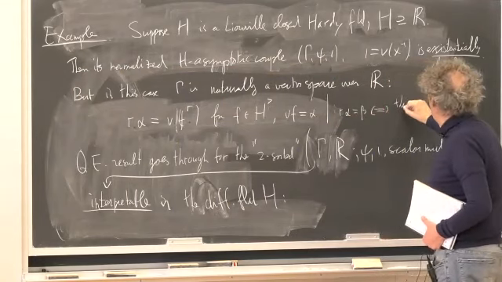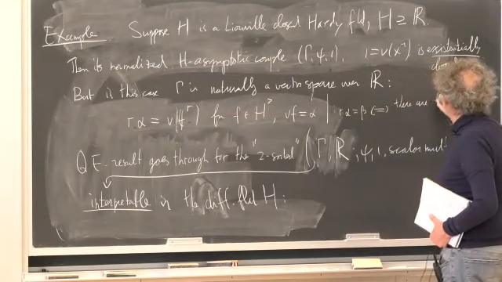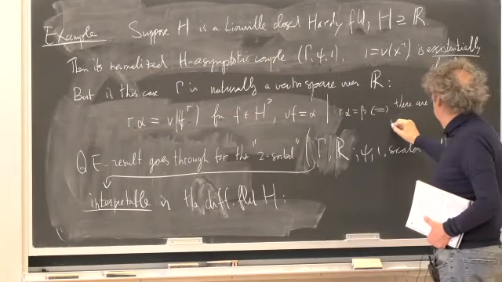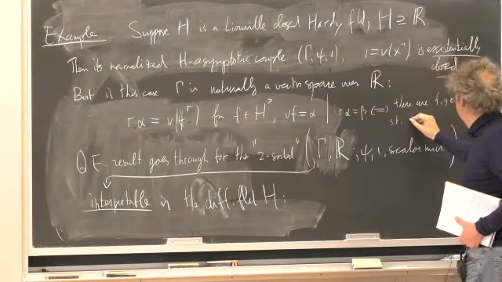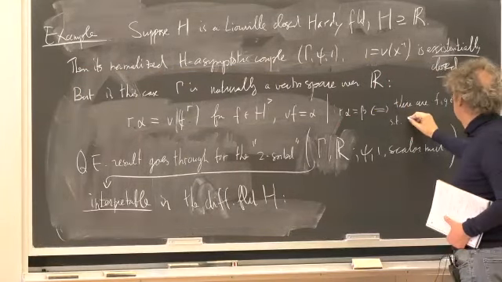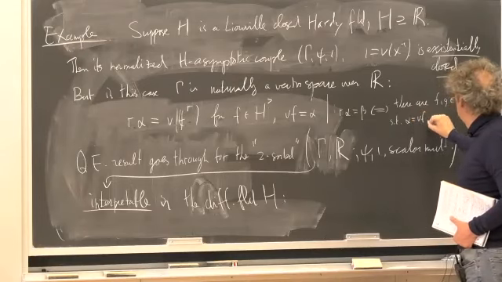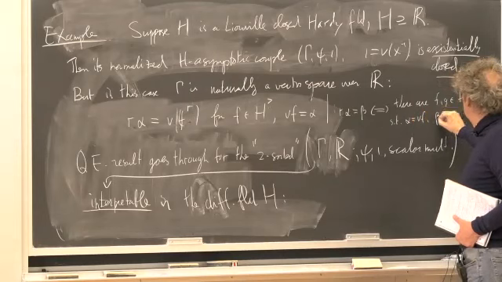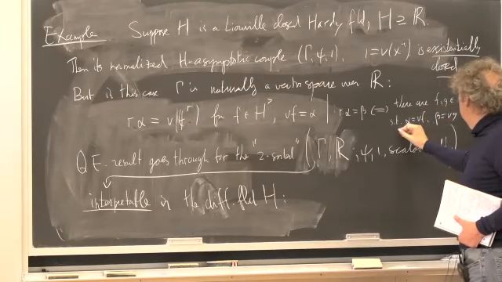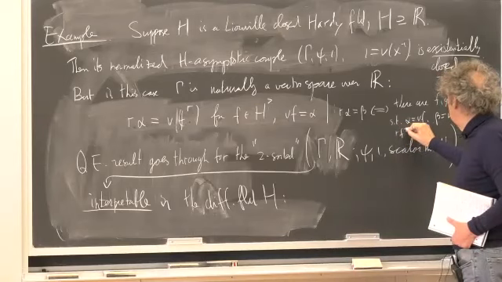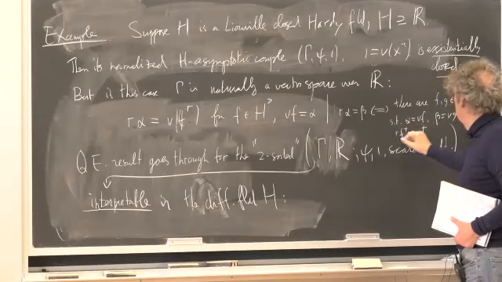But you could alternatively say r alpha equals beta if and only if there are f, g in H such that alpha is the valuation of f, beta is the valuation of g, and r f dagger equals g dagger. Right.